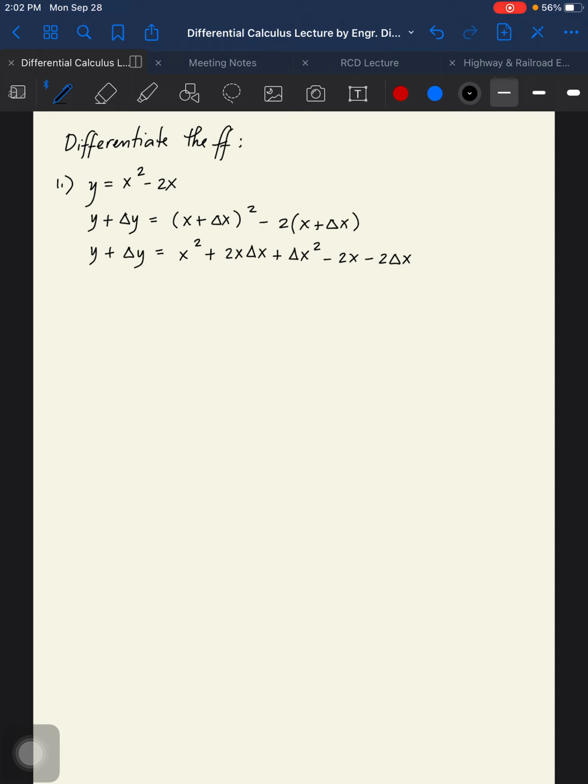Next, the next step is to substitute the value of y. Now, as you can see from the given equation, the value of y is x squared minus 2x. So y plus delta y equals x squared plus 2x delta x plus delta x squared minus 2x minus 2 delta x.